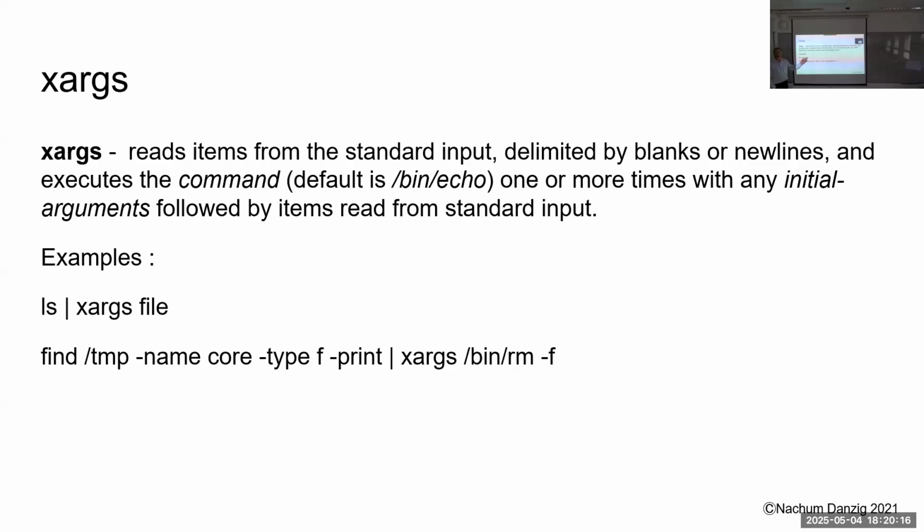So basically what I wanted to do is run file on file 1, file 2, file 3, and then the names of the files. If I would just write ls | file here, it wouldn't work. Why? Because file doesn't expect a stream of data. Maybe I'll show you, for example, here.